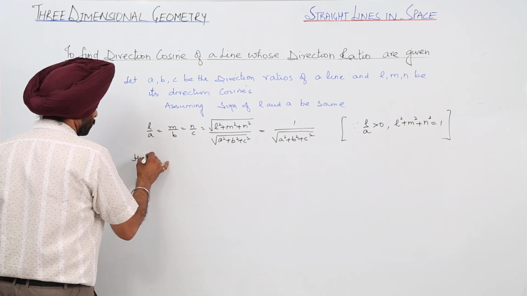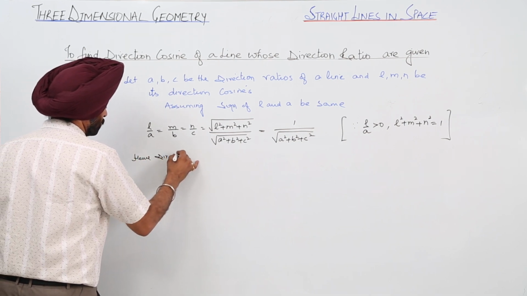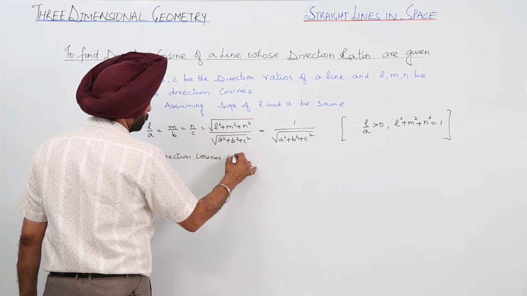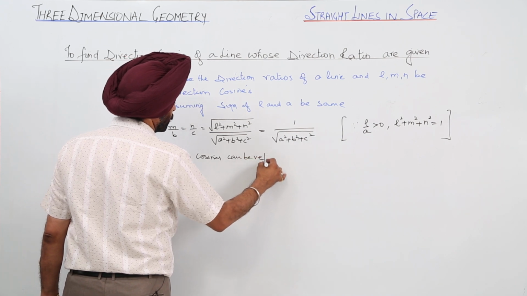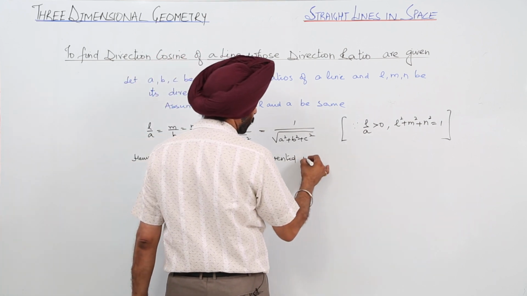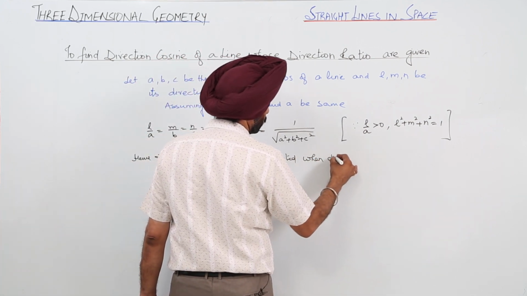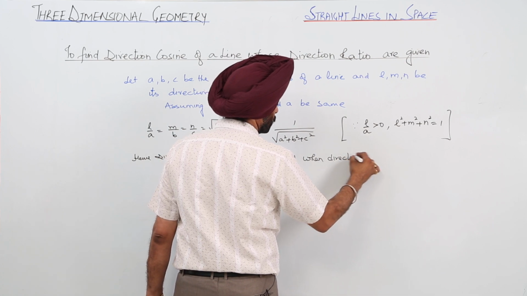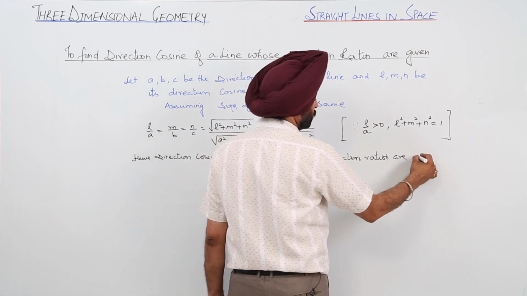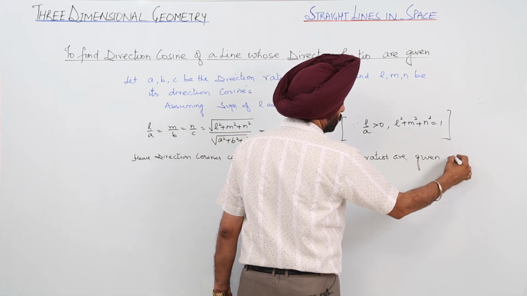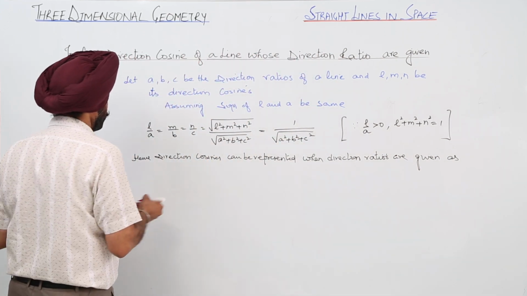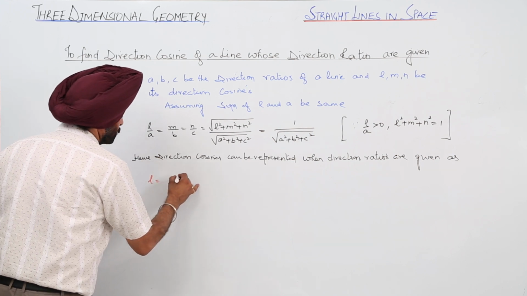Hence, direction cosines can be represented when direction ratios are given as follows.